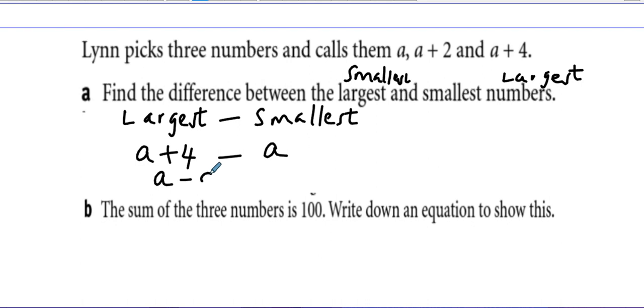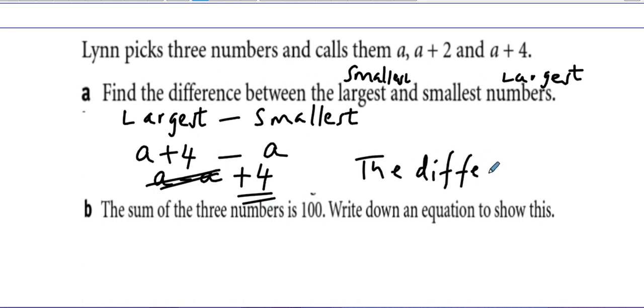A minus A and later add 4. So A minus A, any number minus itself equals 0. So the difference here is positive 4. So the difference between the largest number and the smallest number is 4.